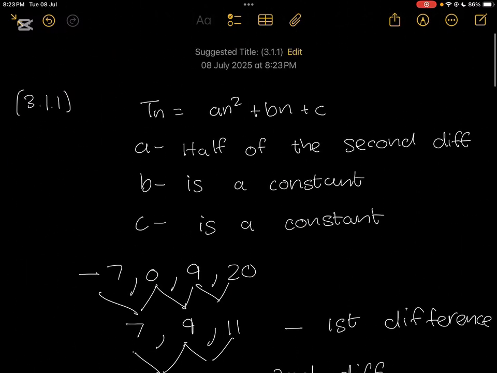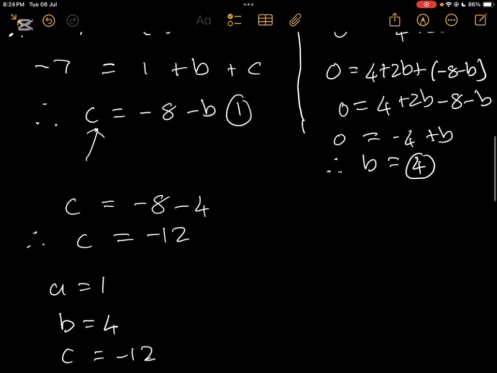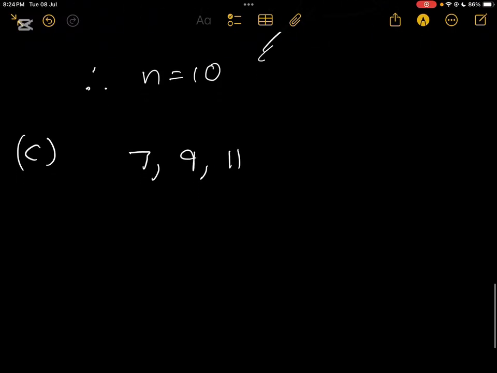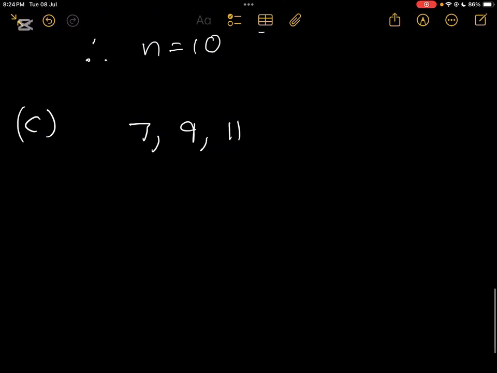So if I look at our first difference pattern, it is 7, 9, 11. Let's write it down, 7, 9, 11. So now what we do is we find a linear sequence for this first difference pattern, and then we see which term would equal 599.